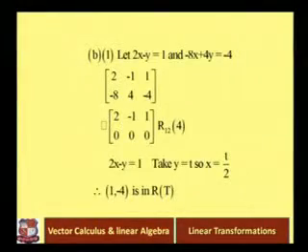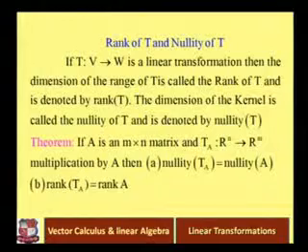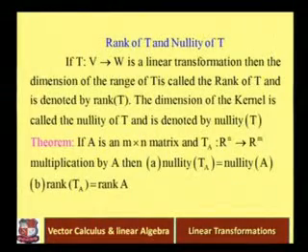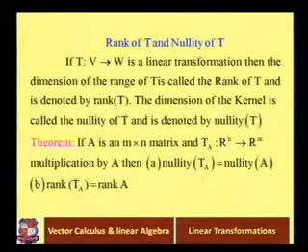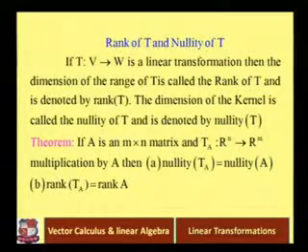Next is rank of T and nullity of T. What is rank of T? The dimension of range of T is called rank of T, and nullity of T is the dimension of kernel of T. After that we see an important theorem which we use in some examples.